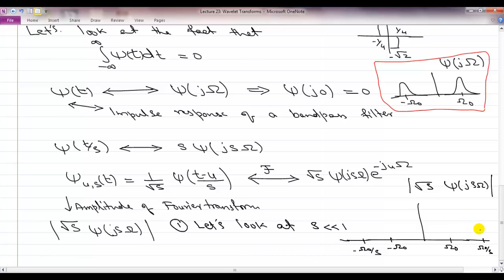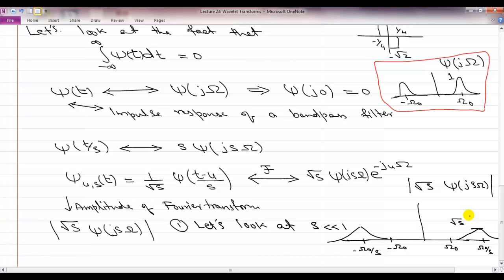So you will have a hump which will be more spread out. And the height of this thing compared to the previous case, let's say if it was unity, just as an example, that will be square root of s, which will be a very small number because s is very small.